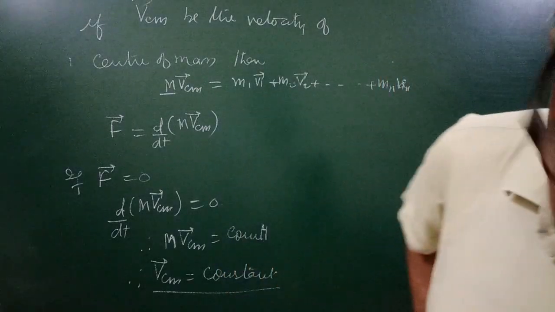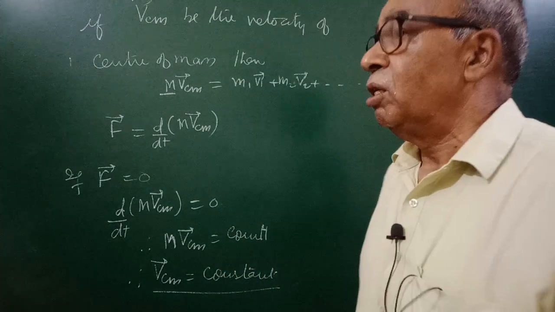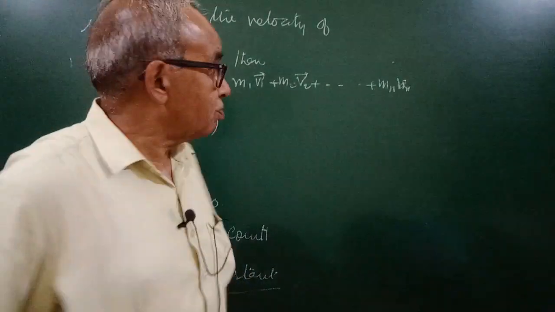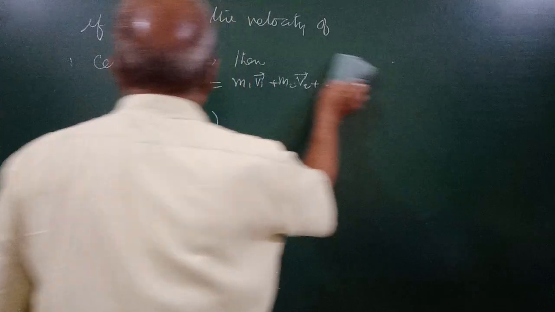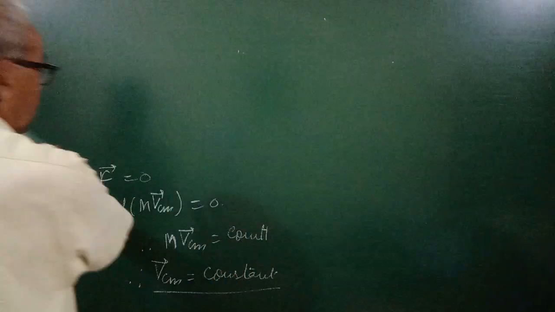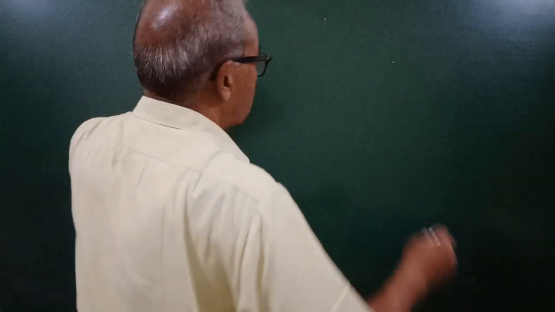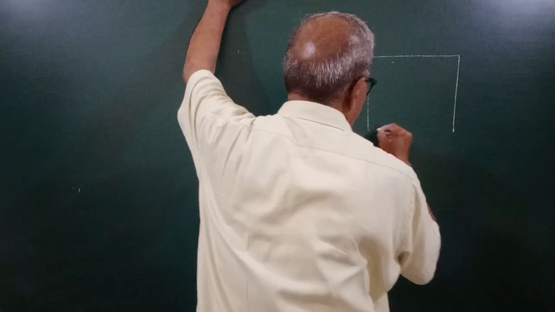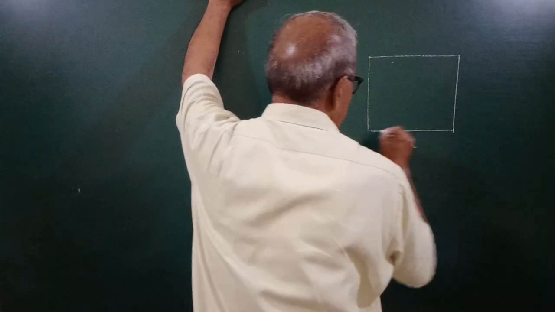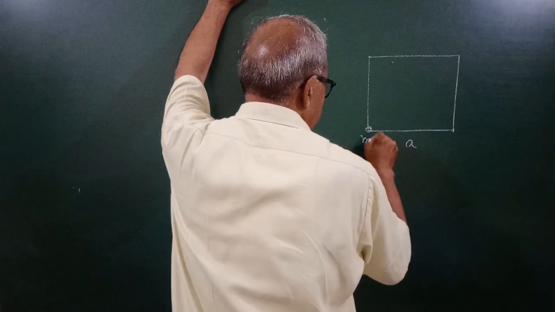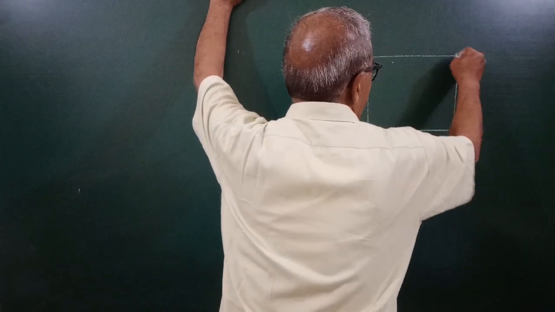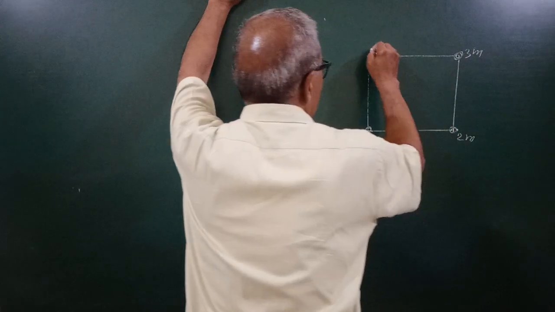Now I want to explain one question so that you may understand what I have taught till now. A simple question. There is a square frame, each side a. Here is placed mass m. It is 2m here, it is 3m here, it is 4m here.